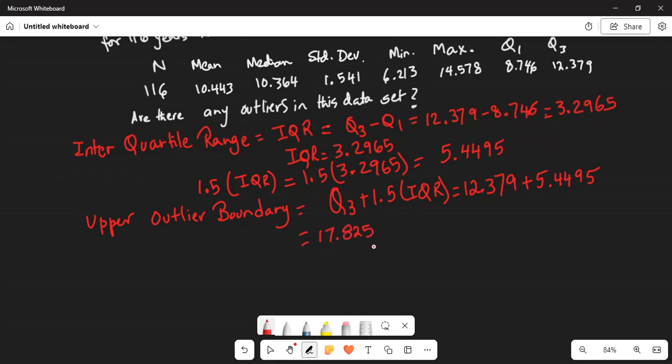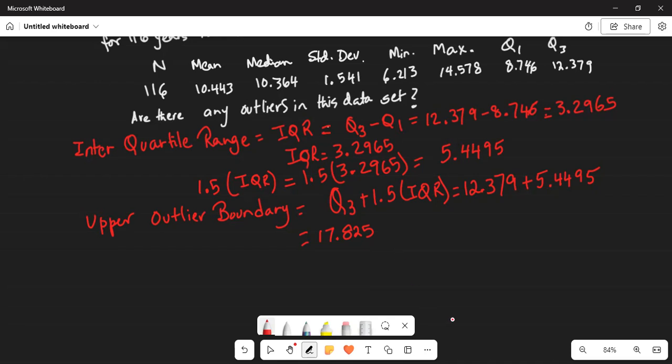Let me make sure I've done my calculations correctly. So it's 12.379 plus 1.5 times the interquartile range, 3.2965, and this is equal to 17. Not 8.